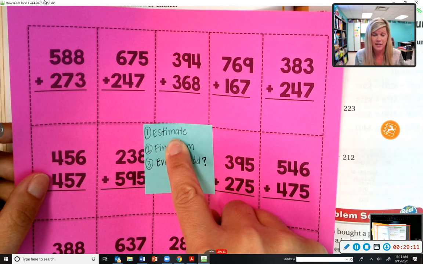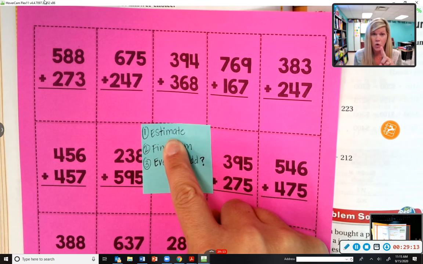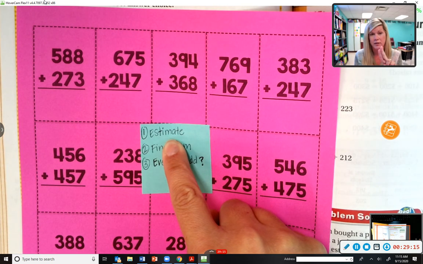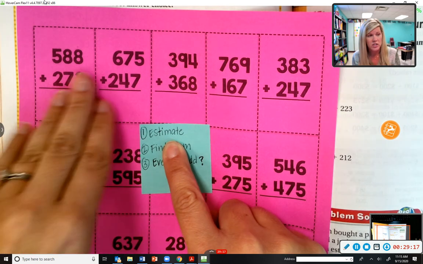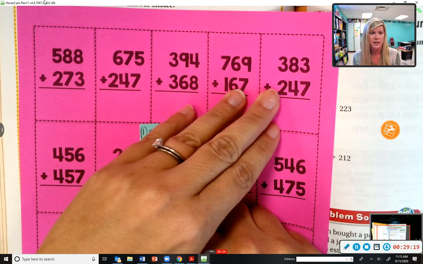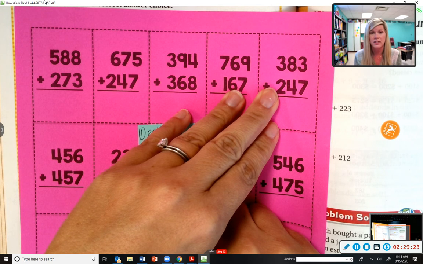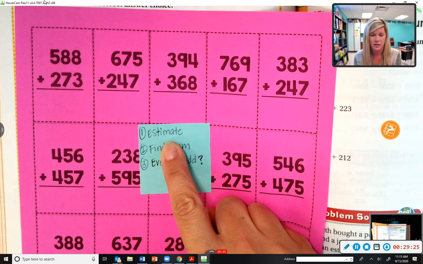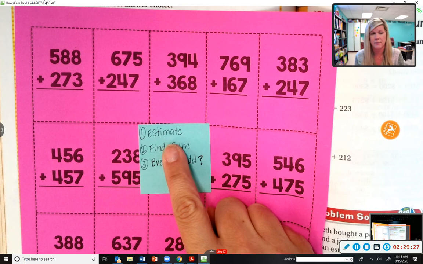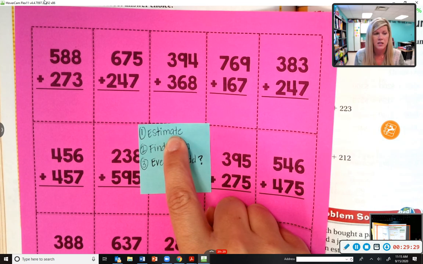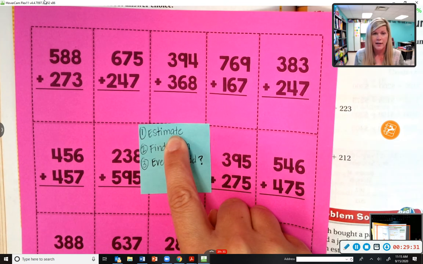Remember, estimating, we can round or we can use compatible numbers. Since all of these are in the hundreds place, that means you're going to be rounding to the nearest 100, okay? We don't need to round to the nearest 10, okay? So estimate, you're going to round or use compatible numbers first.